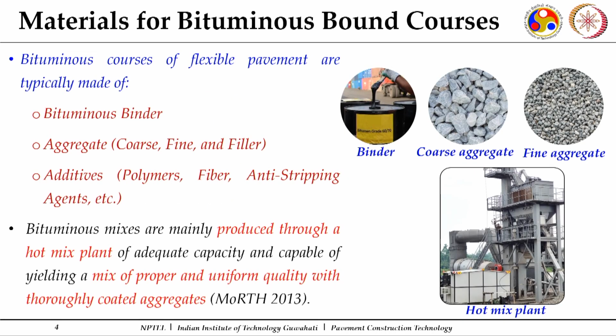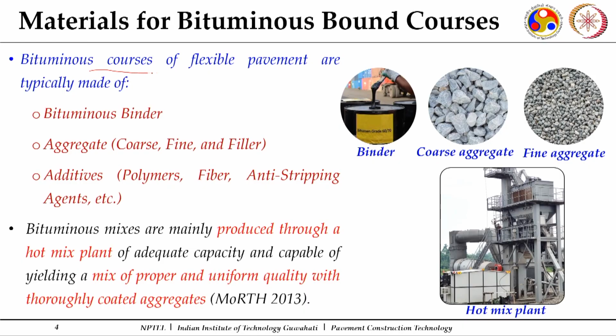Now, when we talk about bituminous-bound courses, automatically the term bitumen comes. These bituminous-bound mixes have a combination of bitumen and aggregates. These are the two major components, and there may be other additives. So, we can classify the composition of bituminous mixes of flexible pavements into three individual constituents.